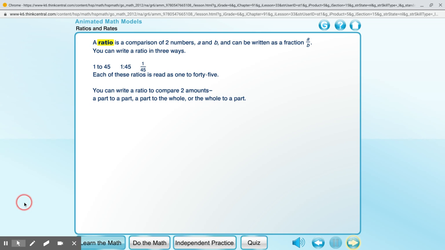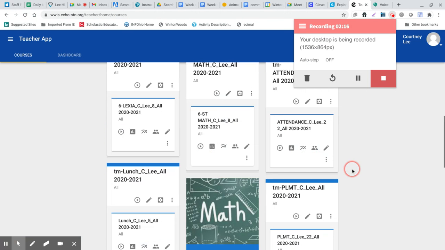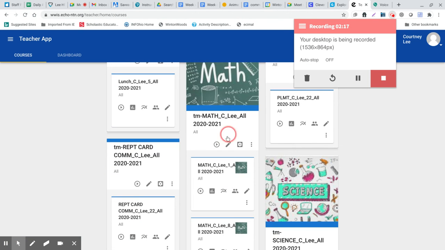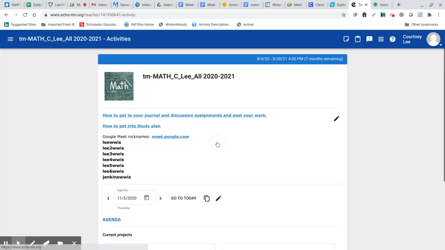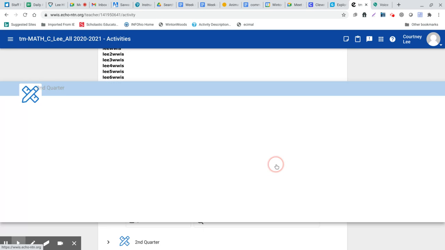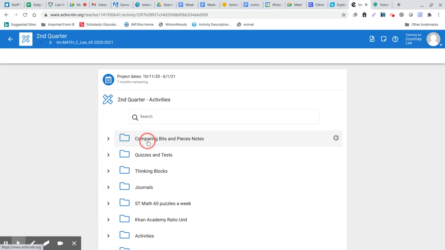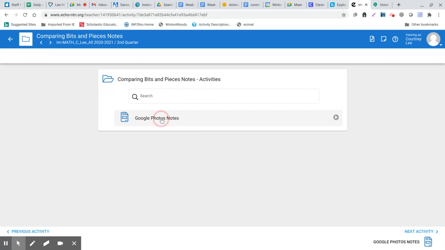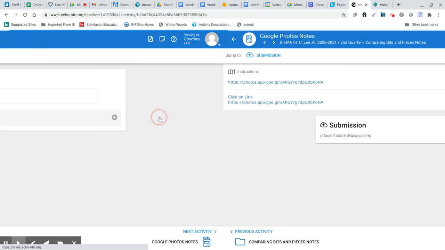All right. So if you remember, some of that information is information that we talked about. You guys can see my screen, right? Okay, so if you go to second quarter, the first folder is comparing bits and pieces, notes. And I've been adding Google Photos to this link.